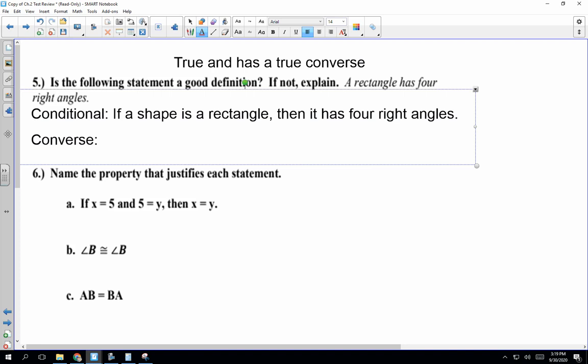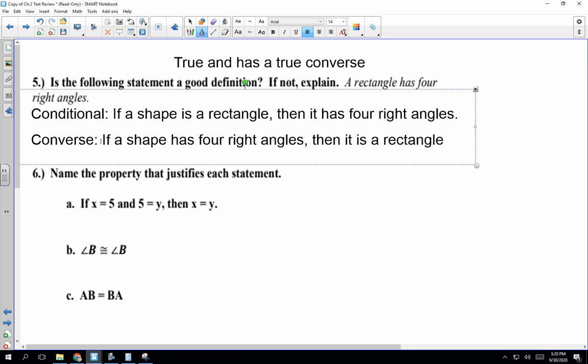Okay, so let's look at the converse. If a shape has 4 right angles, then it is a rectangle.